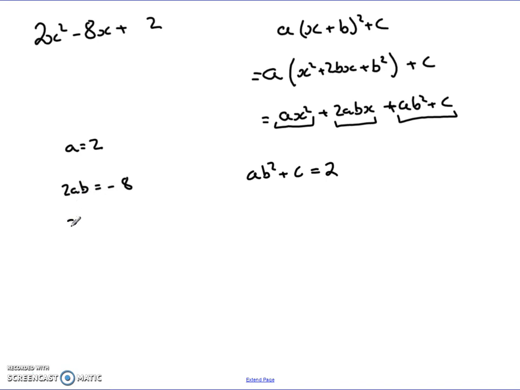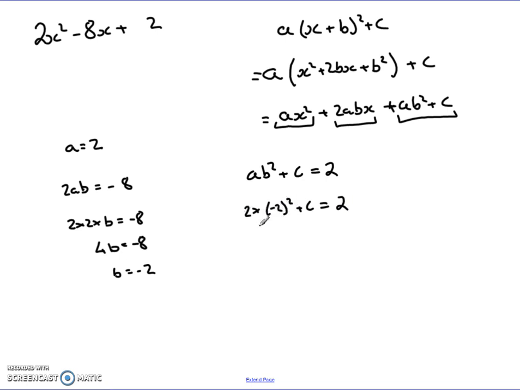I then substitute in here, and I get 2 times 2 times b is equal to negative 8. So 4b is negative 8, which means that b has to equal negative 2. I now know a and b, and I can substitute them in here. So I know that's going to be 2 times negative 2 squared plus c, and I know that's going to equal 2.